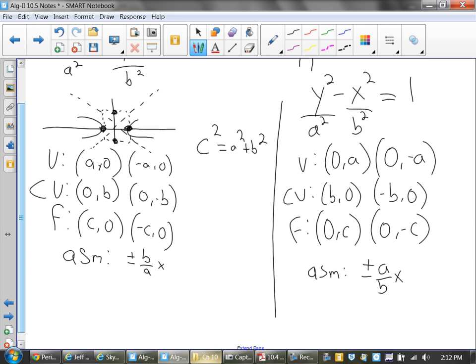Just like working with ellipses, this is a very straightforward generic setup, and it will not take very long for you guys to catch on.